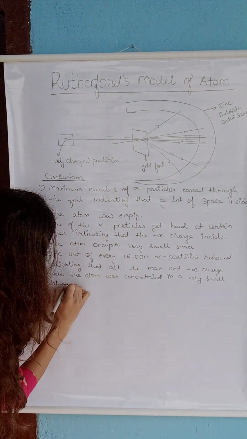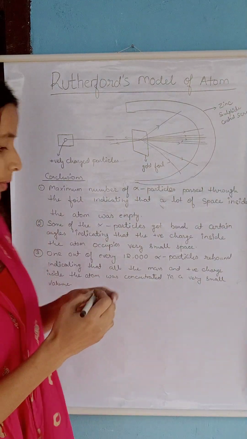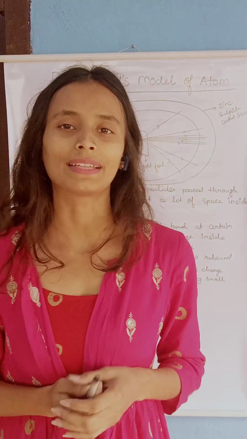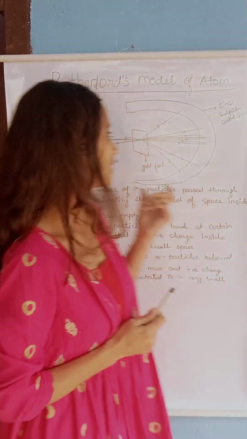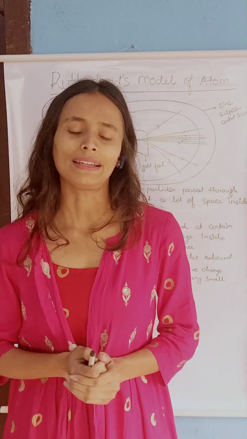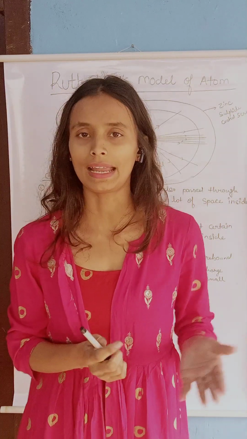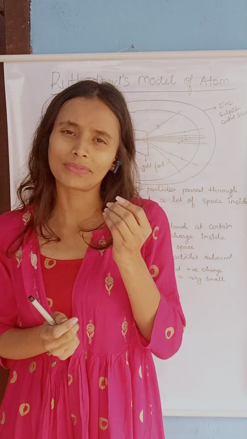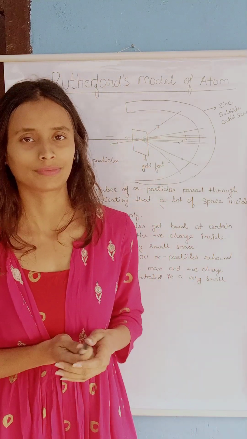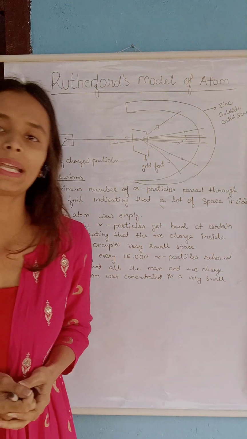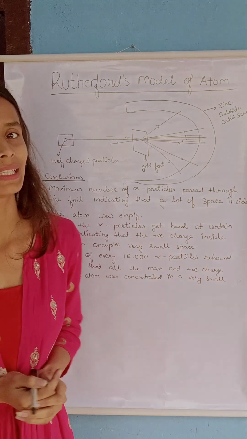Since a very few alpha particles rebounded after striking the gold foil, it indicated that nearly all the mass and positive charge inside the atom occupied a very small volume. So these were his three conclusions made on the basis of the observations.